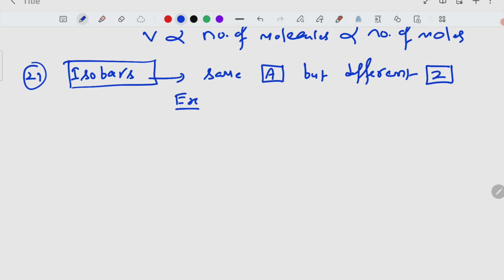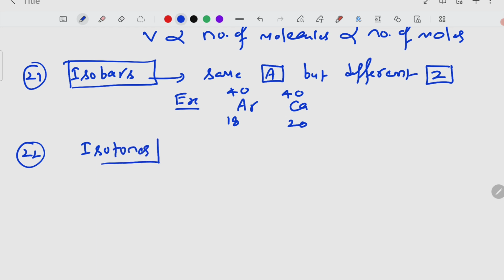Examples: argon as well as calcium both have the same mass number but different atomic number. Such substances are referred to as isobars. And then similarly, isotones: these have the same number of neutrons.